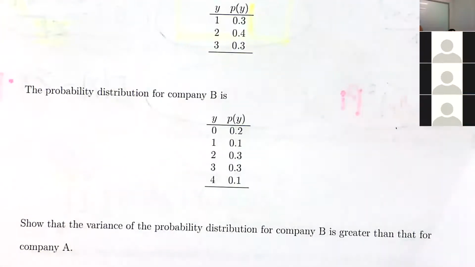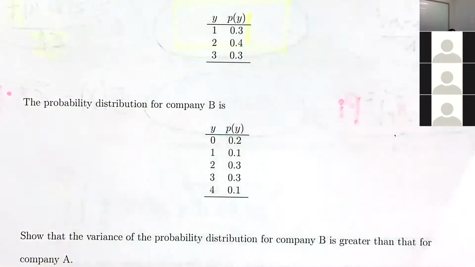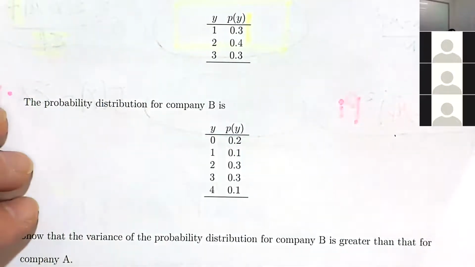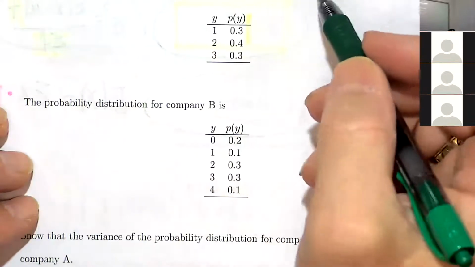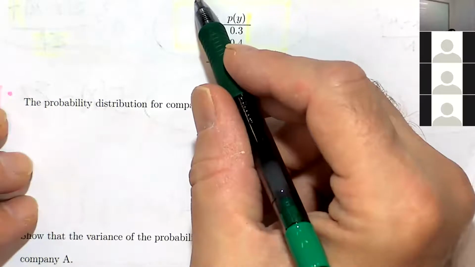So example 4.8, let's find the variance. There are two probability distributions, mass probability distributions, which means discrete random variables. So we have, let the random variable y represent the number of cars that are used for official business purposes on a work day.